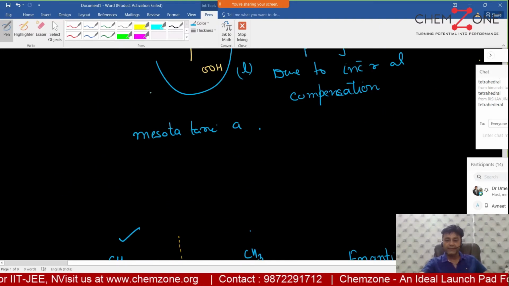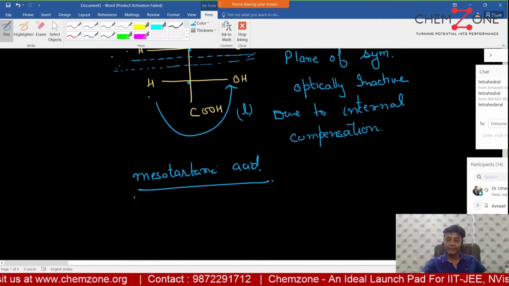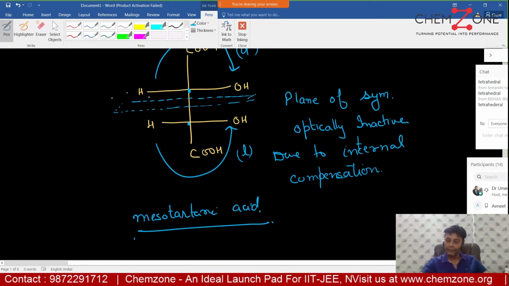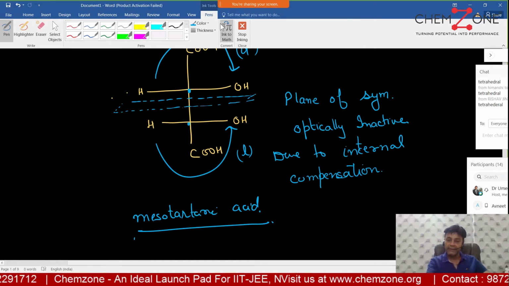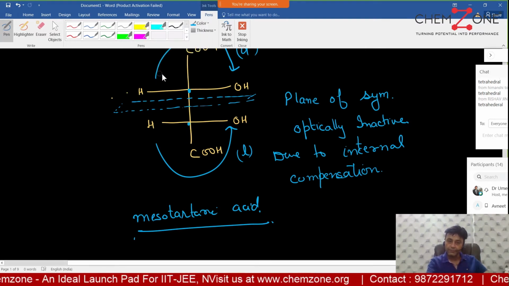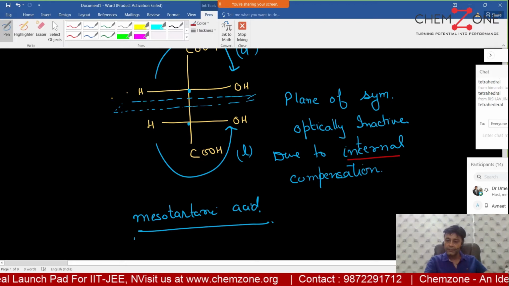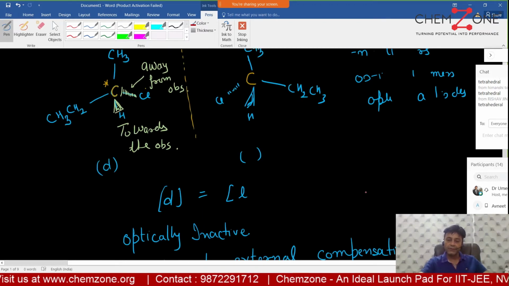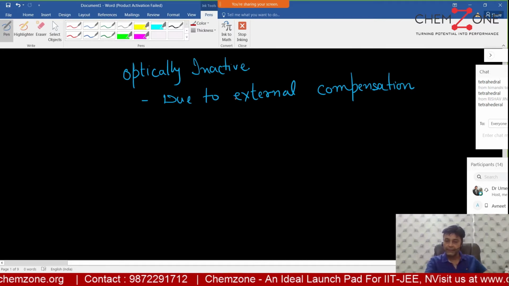Whereas in the previous case of the meso tartaric acid, within the same molecule, half the part is dextrorotatory and half is levorotatory, so we call this the internal compensation, and here it is the external compensation. It is outside of the molecule.